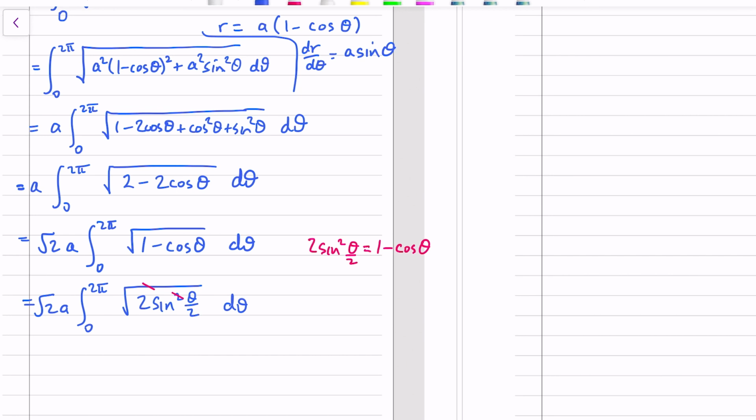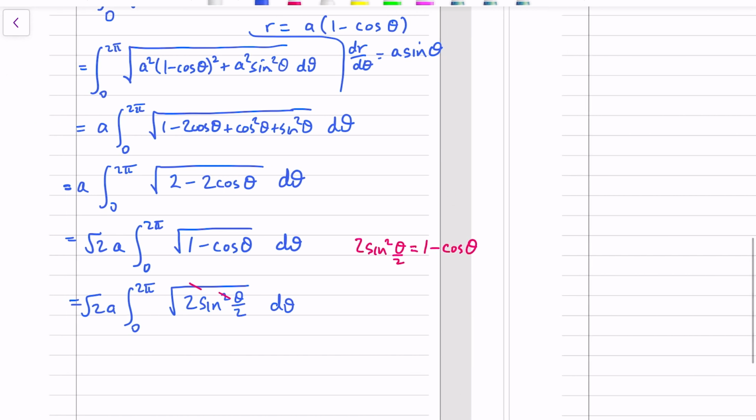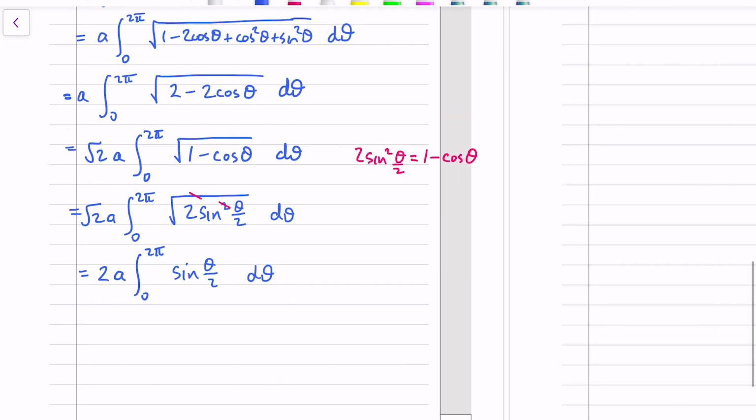Okay, so those are little subtle details that sometimes trip you up in a problem, but we've got a root 2. We can pull that out as making that a 2. And we're integrating sine theta over 2. Sine antidifferentiates to negative cosine.